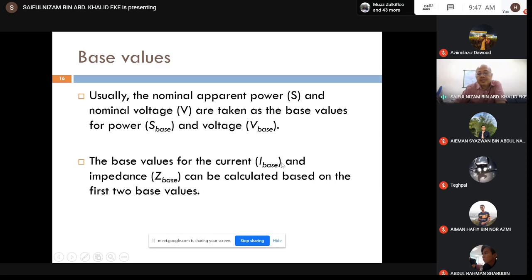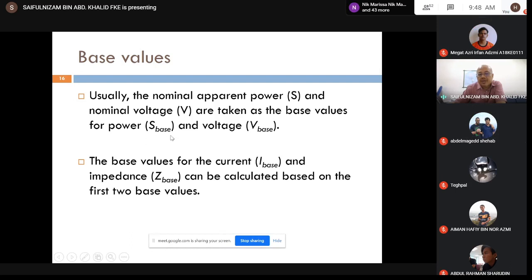So how to find the base current? By Ohm's law, S base and V base are known. How to find the I? S over V. Yeah, V over Z, right?